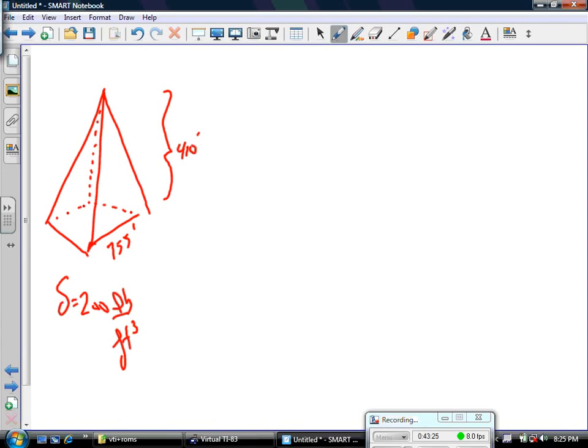I'm going to slice this parallel to the base. I'm going to take a slice. But that slice is not going to be a cylinder, is it? What's it going to be? It's going to be like a box. It's going to have a square face, all right, and a certain thickness, all right? So if I call this thickness delta H, or delta Y if you like, whatever.